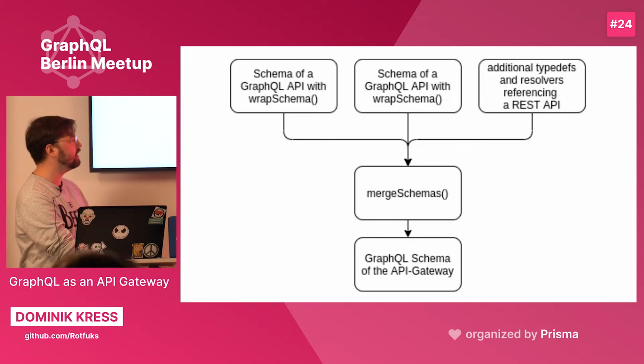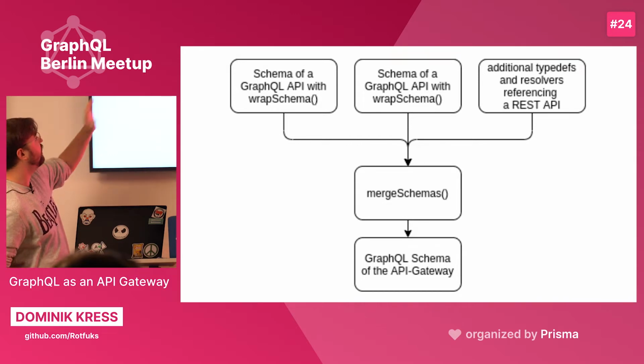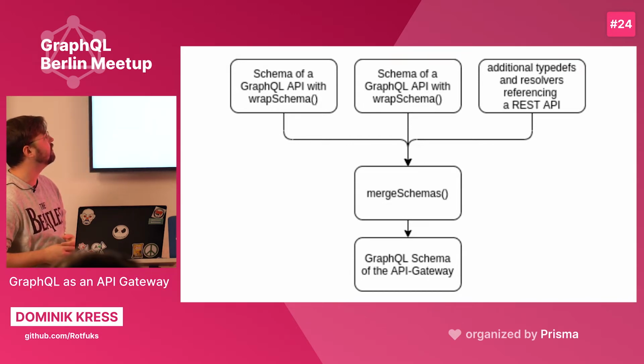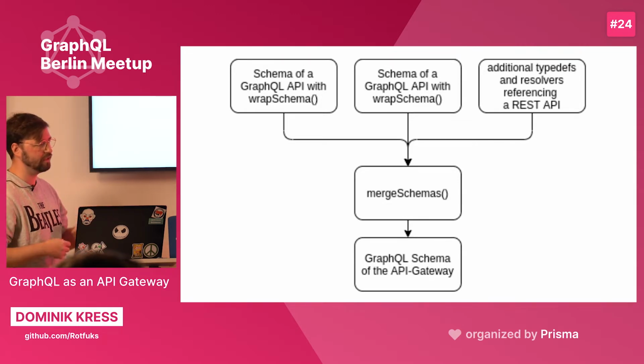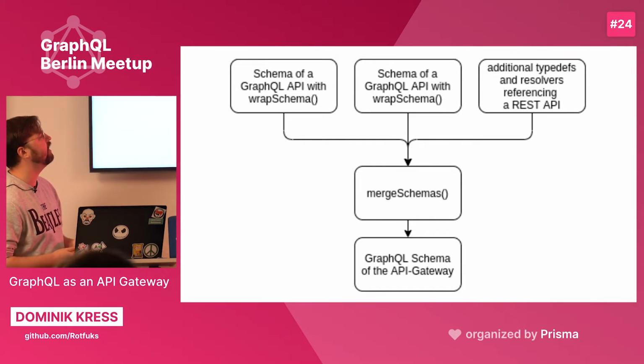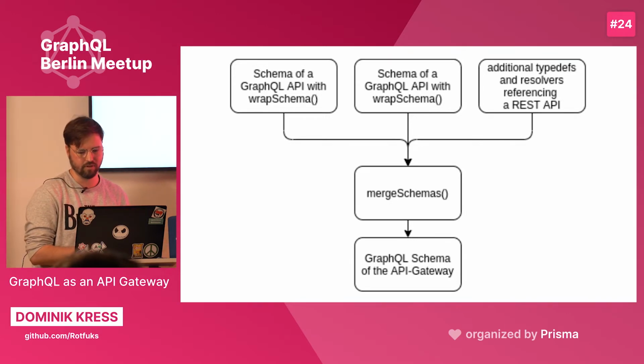So basically it looks like that in short. You have various schemas of other remote GraphQL APIs that you can wrap with the wrap method and make executable and introspect with the other methods. And you could even create some type definitions and resolvers for basic REST calls.